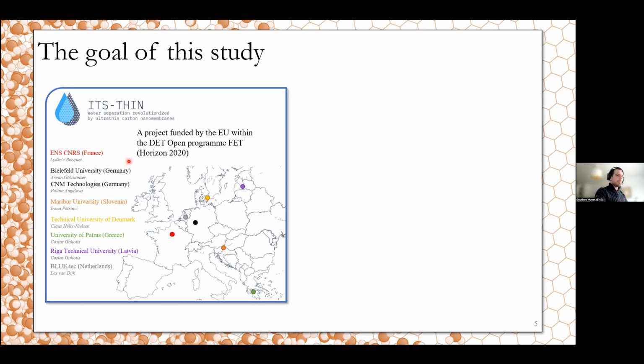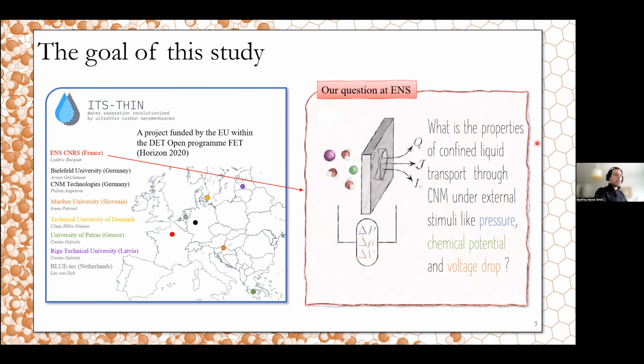At CNS, we made some experiments as well, but we also try to pave the way for new designs or further experimental measures by providing a theoretical description of what happens at the nanoscale, by answering the following question: what are the properties of confined liquid transport through CNM under an external stimulus like pressure drop, chemical potential, or voltage drop?